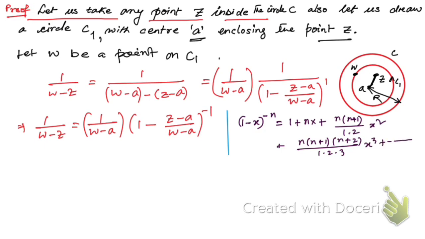If you compare this with this, you get n is equal to 1, and x is z minus a by w minus a. So then we are going to get the result. Just wait.